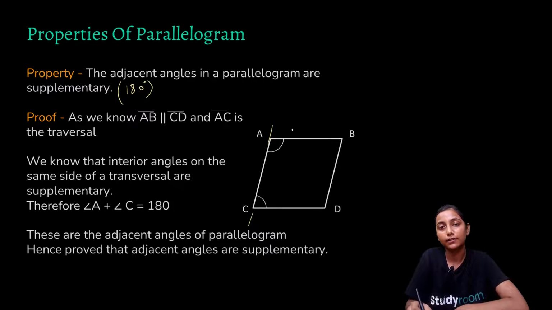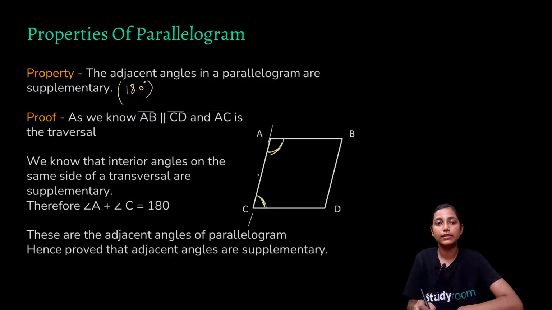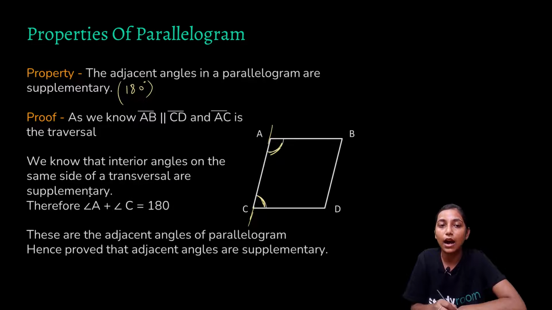We have already studied about it. This is coming on the same side, on the right side of this transversal AC, and these are our interior angles. The interior angles on the same side of a transversal are supplementary. Their sum is 180 degree.